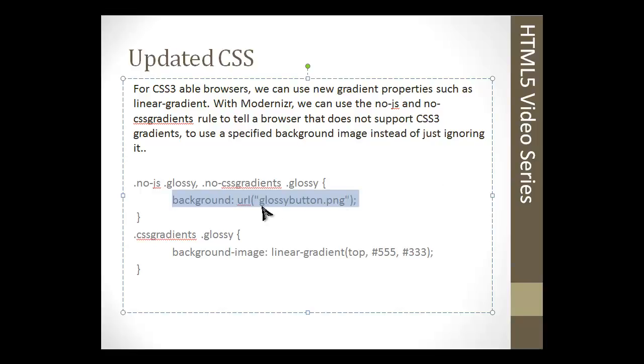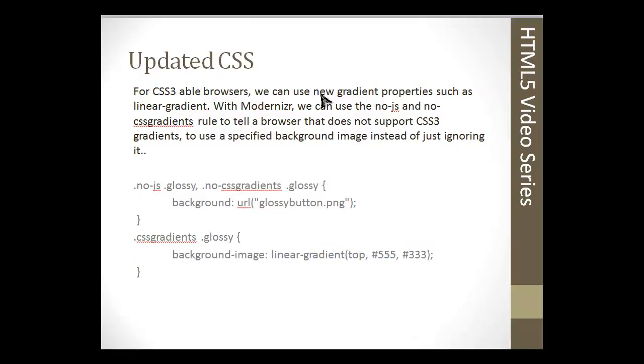You would have to create a glossy image or a gradient image, and it would just default to that. And if the browser did accept the CSS3 gradient properties, this is what it would do. It would do the background image, and then this is all CSS3, the linear gradient function here. So very useful for CSS3.